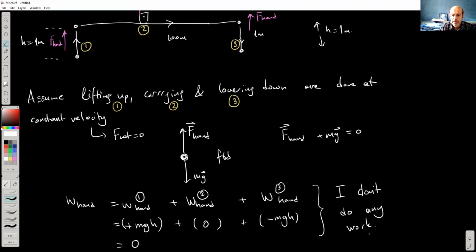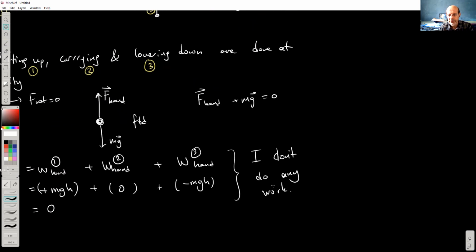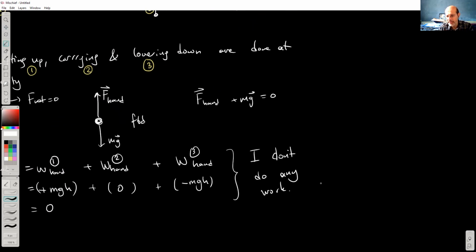Okay. So as a result, this is kind of confusing, right? Because we kind of assume that the physical work concept somehow captures the essentials of what we call work, right? So we don't do any work in here.